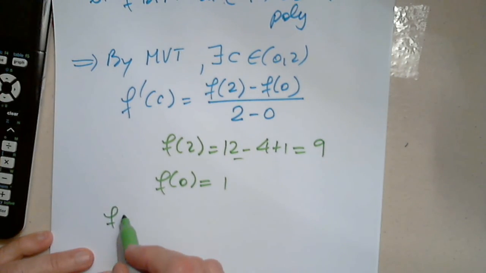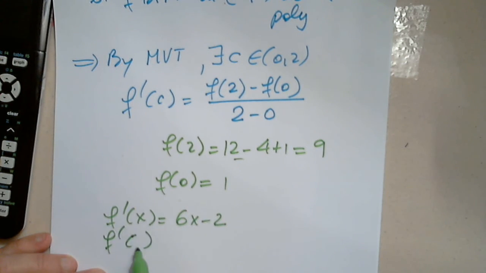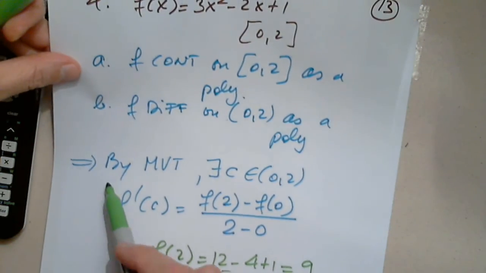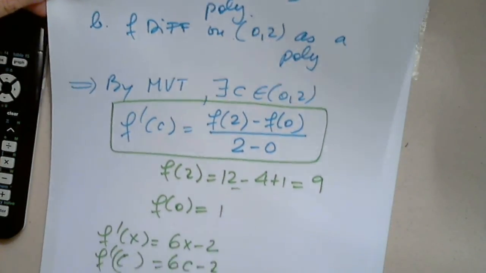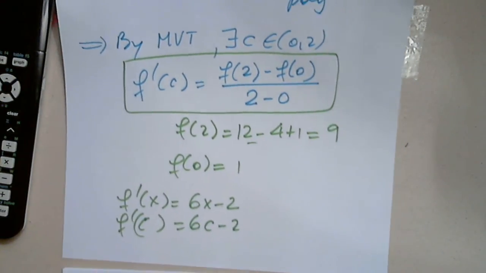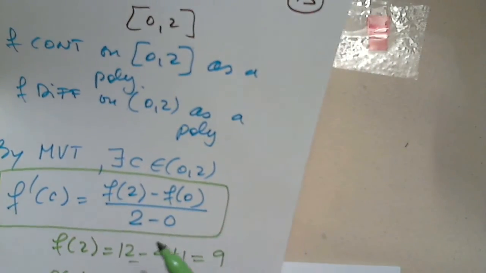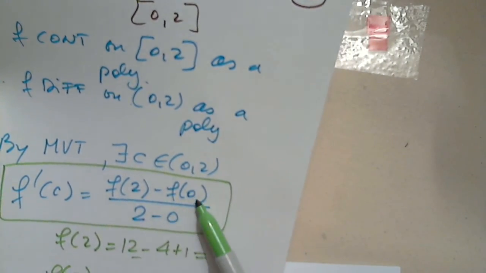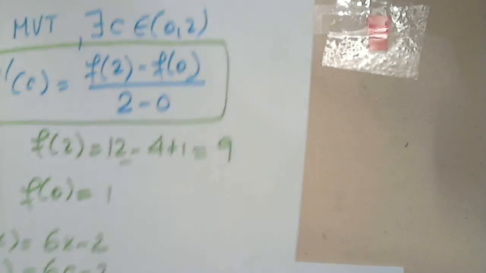Okay, then f prime of x is 6x minus 2. And of course, f prime of c will be 6c minus 2. And now I build this equation. The left-hand side is 6c minus 2. And the right-hand side is 9 minus 1 over 2 minus 0.